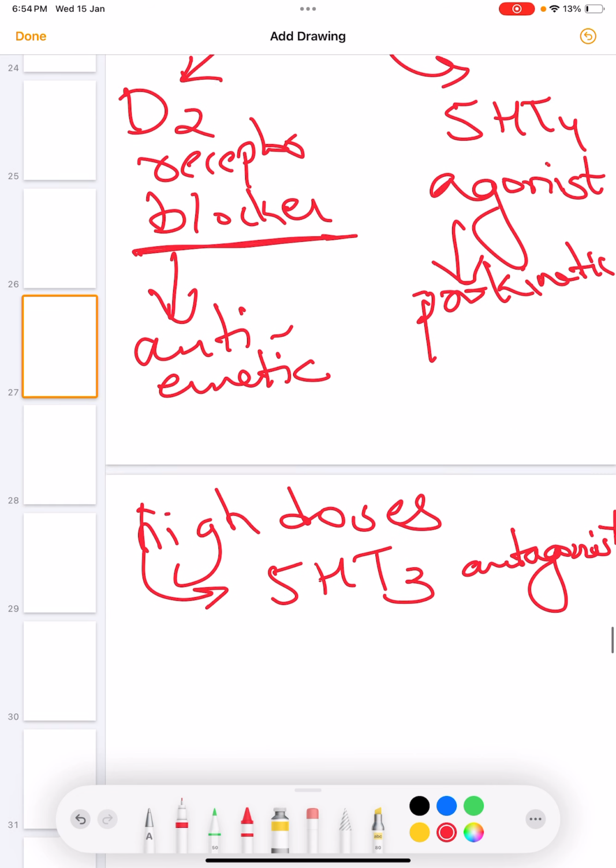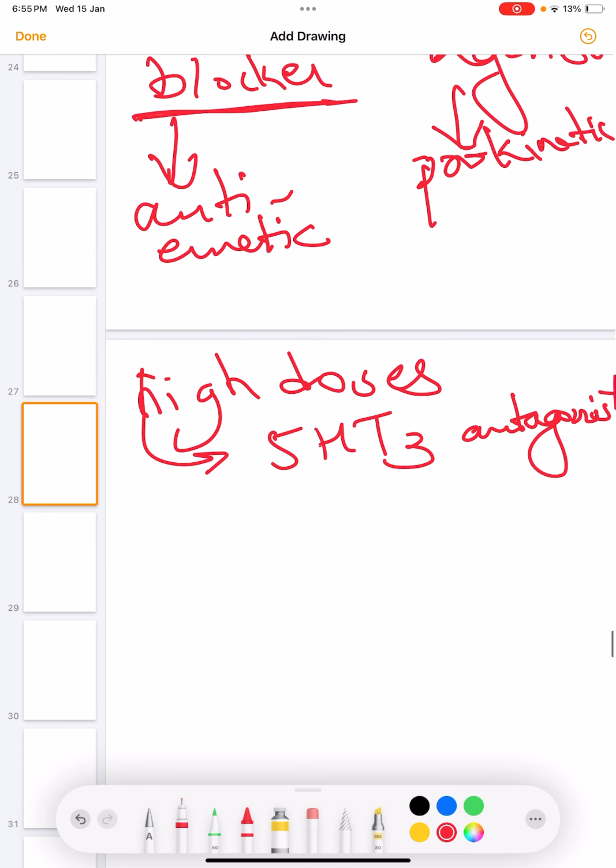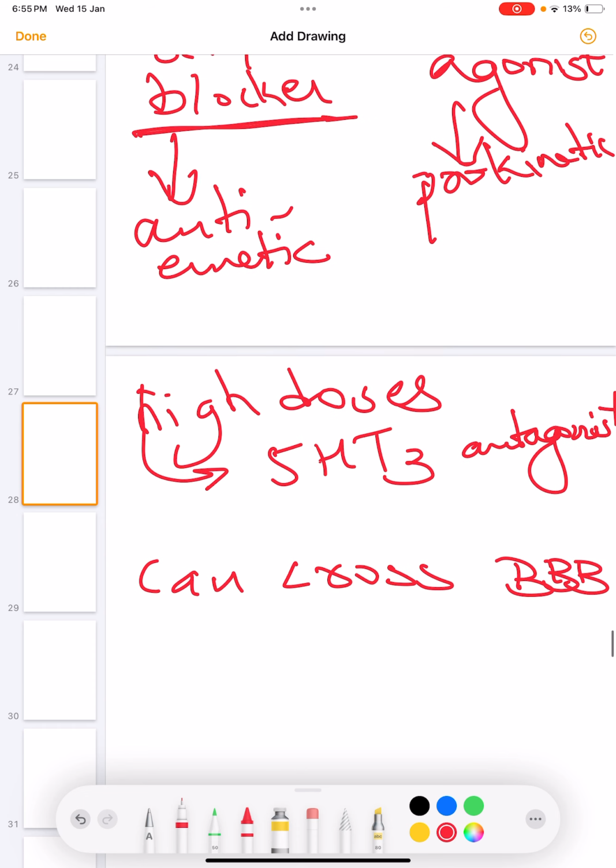Now since it blocks D2 receptor, this metoclopramide can cross blood-brain barrier. And it can block D2 receptors in substantia nigra.